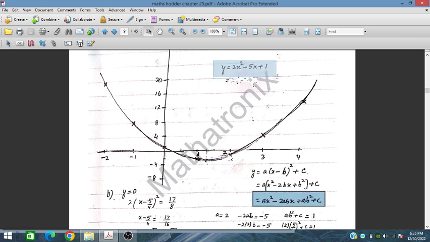We can compare this equation with the given one. For x square, the coefficient is a, and here it is 2, so a is equal to 2. Then minus 2ab is equal to minus 5.